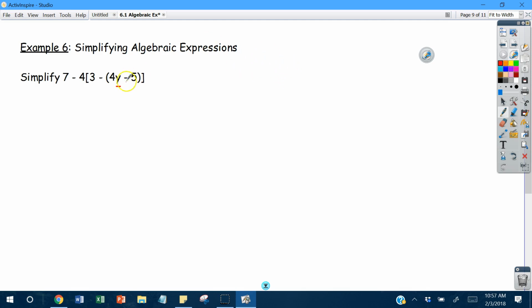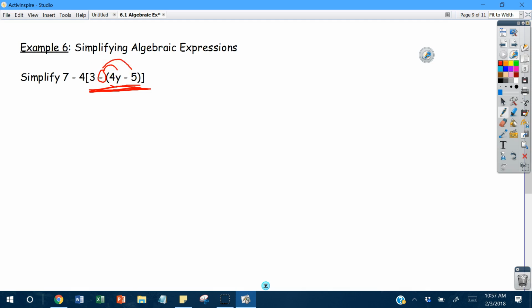So the order of operations says let's do parentheses first. So I'm looking at the innermost parentheses first, and there's nothing I can really do to simplify that there. So now let's look at these brackets and do whatever I can do in these brackets first. So I have 3 minus 4y minus 5. Let's take this minus sign and distribute it, just like we did last time.